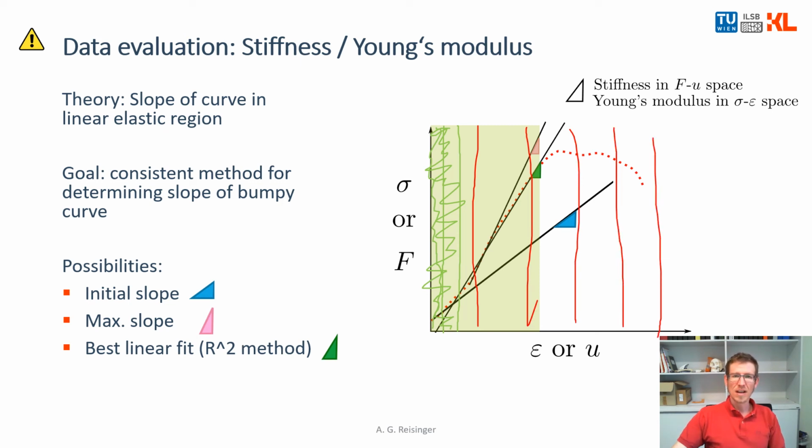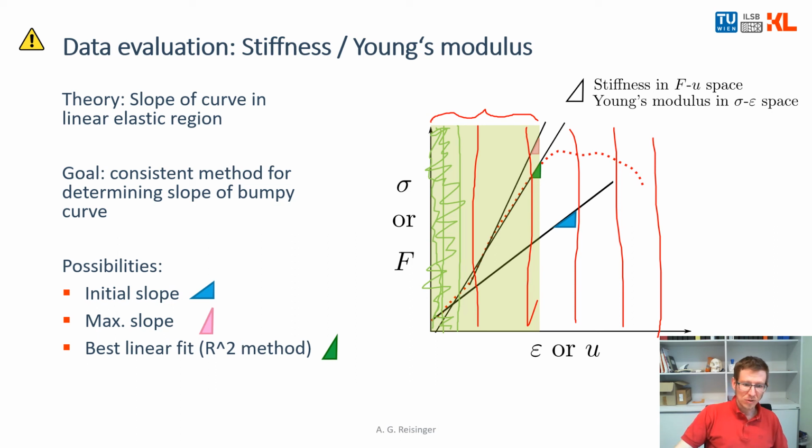You have an R² value for each window size, and in the end you select the window with the maximum R² value, so with the best fit, and this is indicated here with this green box. This is the window where, when you put a line, you have the best linear fit.